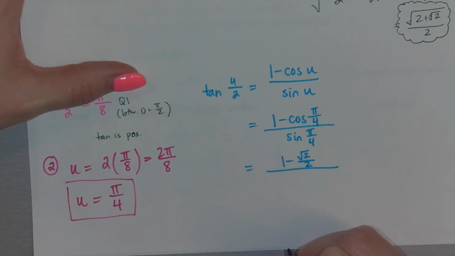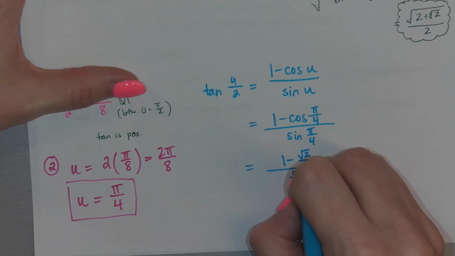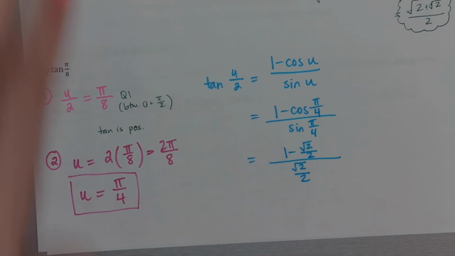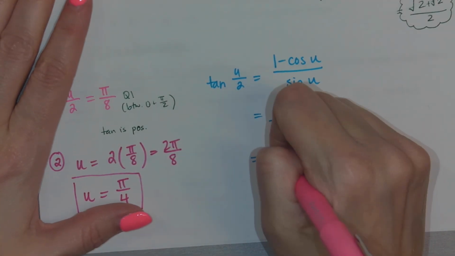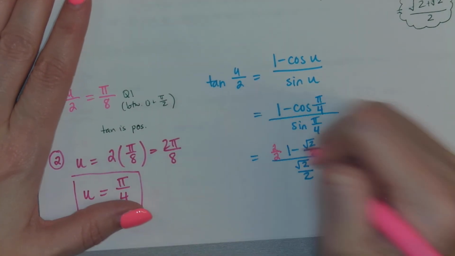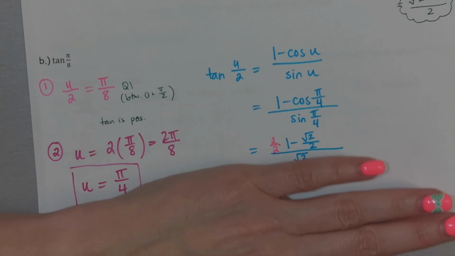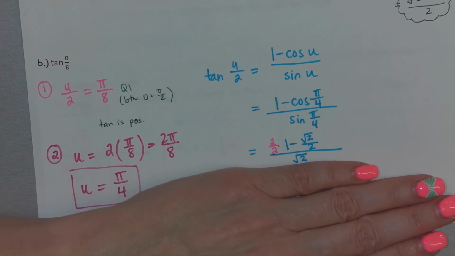So we have 1 minus root 2 over 2 over root 2 over 2. Again, this is something where if you take it slow and you break it down, this isn't going to be too difficult. The difficult part is being able to just break that down and simplify.